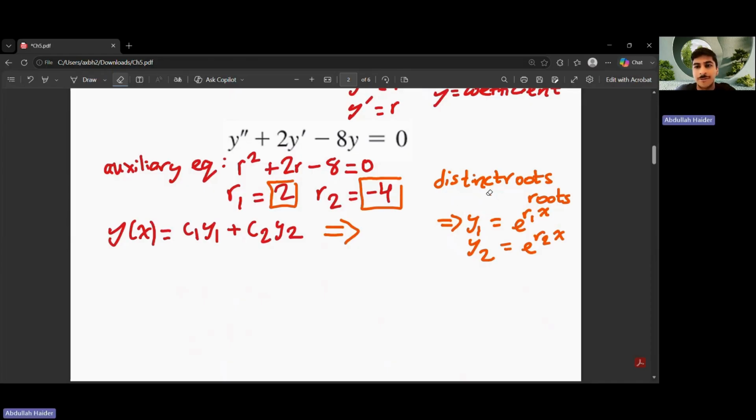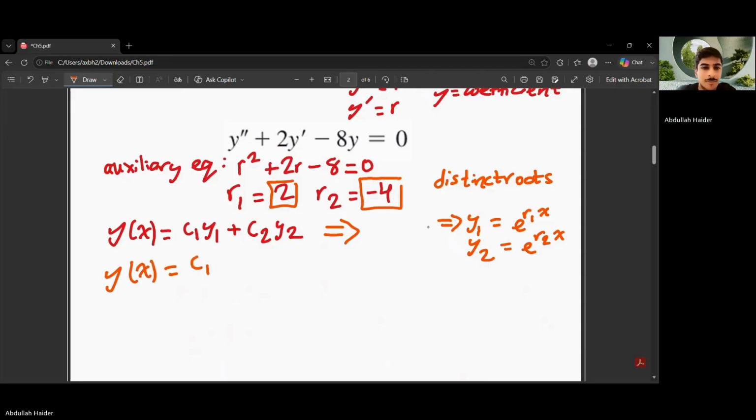Let's consider only distinct roots for now, so basically the roots right now are r1 equals 2 and r2 equals negative 4. These are distinct roots. So we take y1 equals e power r1x and y2 equals e power r2x. So now we can write y of x equals c1 e power r1x plus c2 e power r2x.